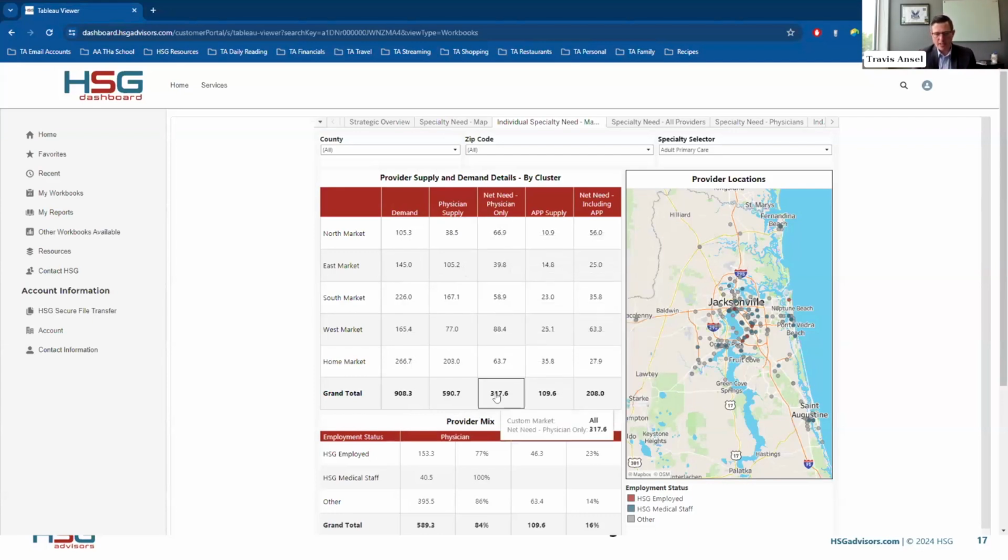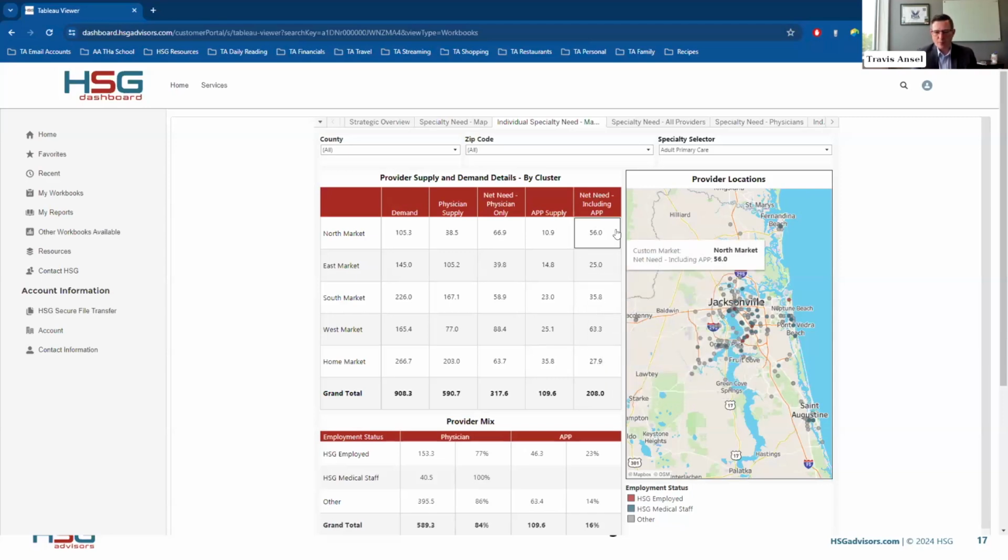So this is basically an intensity based on FTEs of need within a given market, looking at only the demand less the physician supply. And then we layer in the adjusted APP supply to get to a net need that includes that calculation for APP FTEs. So what we get here is basically a look at physician FTE need by market.